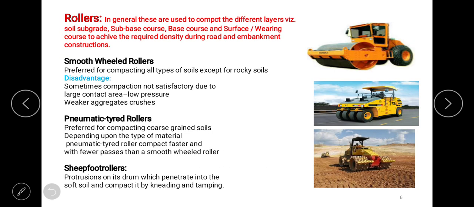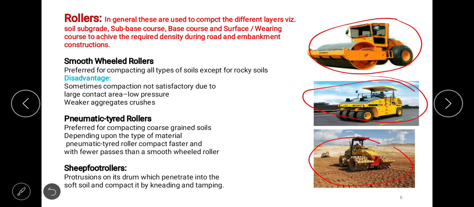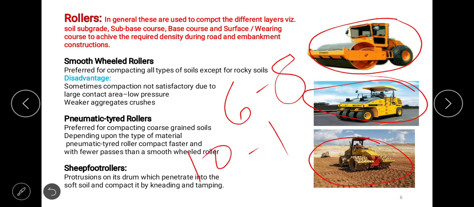Next comes rollers: smooth wheeled roller, pneumatic type, sheep foot roller. All these different types of rollers are used, which may be weighing 6 to 8 tons, sometimes even 10 to 12 tons. 10 to 12 ton rollers also are being used in order to attain required density in the field at the time of construction.